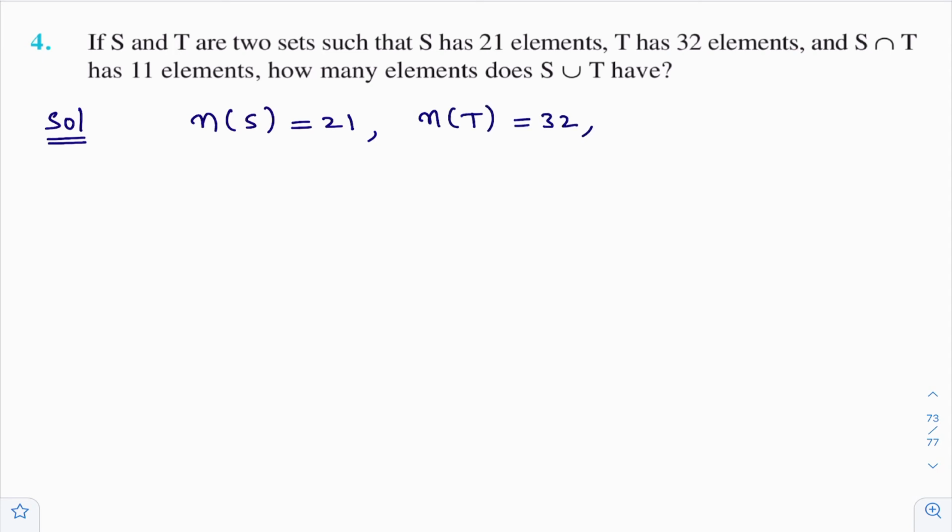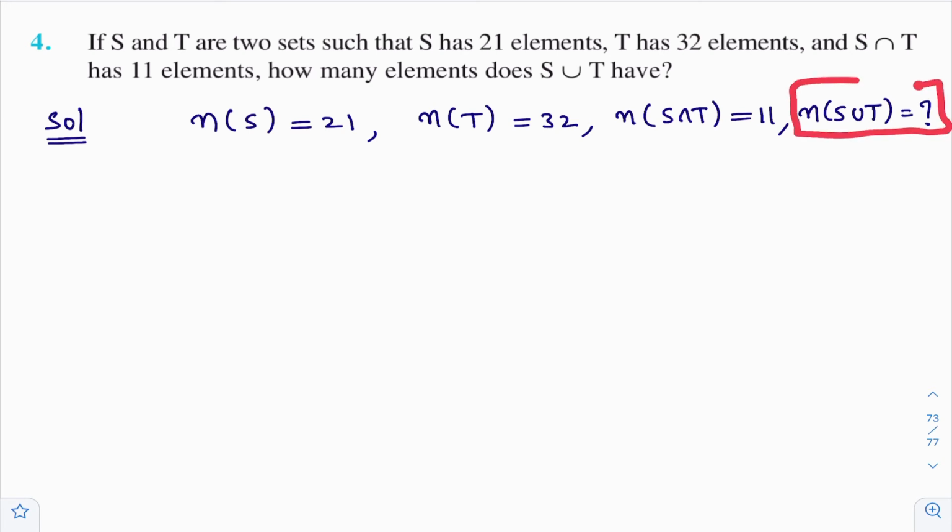Next, S intersection T has 11 elements, so n of S intersection T equals 11. And how many elements does S union T have? They are asking n of S union T, so we need to calculate n of S union T. We know this formula for n of S union T.